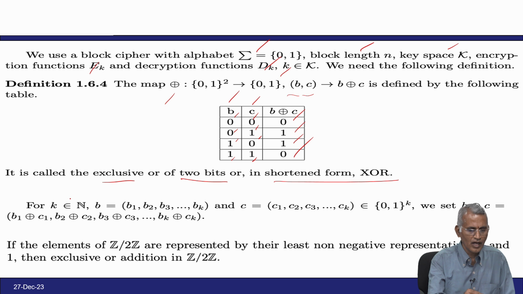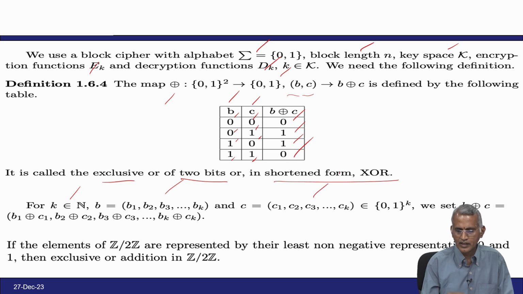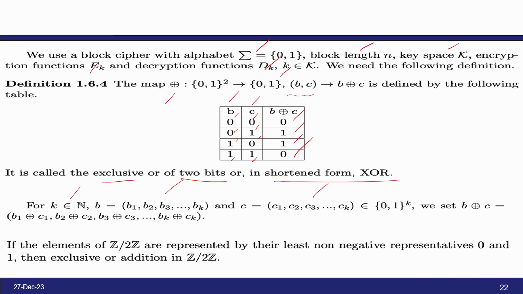Now, you take a number k, which is a natural number, and b is a block b1, b2 and so on, a k-tuple, and c is another k-tuple, belonging to {0,1}^k. Then b XOR c is nothing but the corresponding componentwise combination, that is, b1 XOR c1, b2 XOR c2, b3 XOR c3 and so on, up to bk XOR ck.